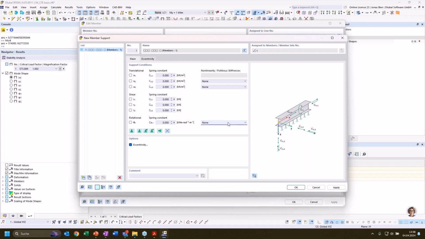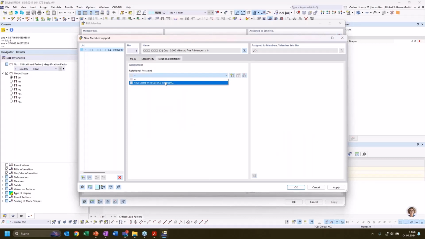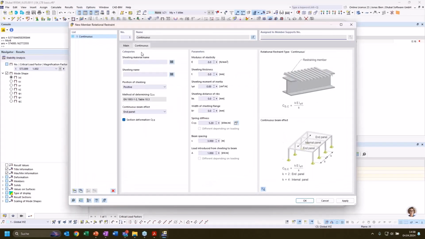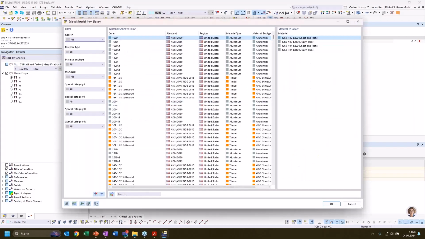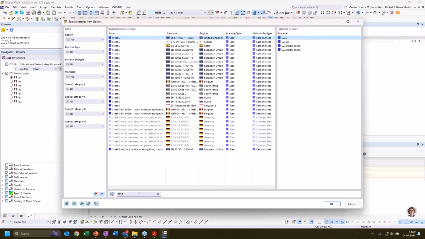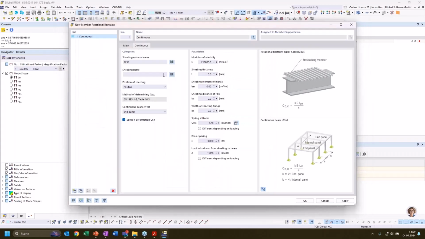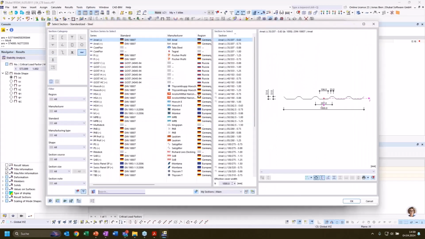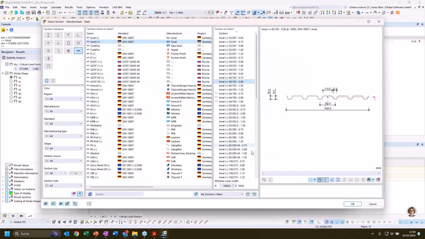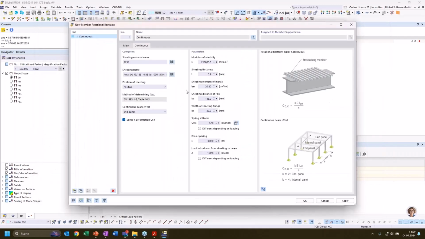So I could, for example, define a rotational restraint. For example, I want to consider some kind of sheeting that I have on top of my girder. I will now just take some random settings, more or less. I take some sheeting just to get some stiffness.